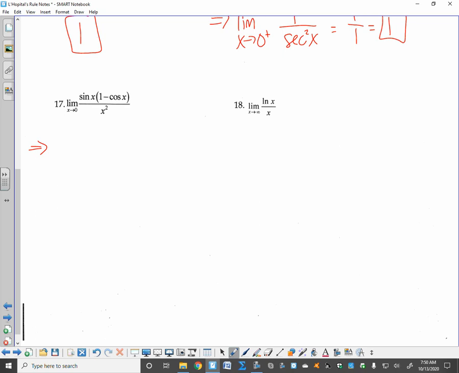But you know, what if I pulled it apart? All right, so before L'Hopital, what if I did a little algebra? And then I separated it.